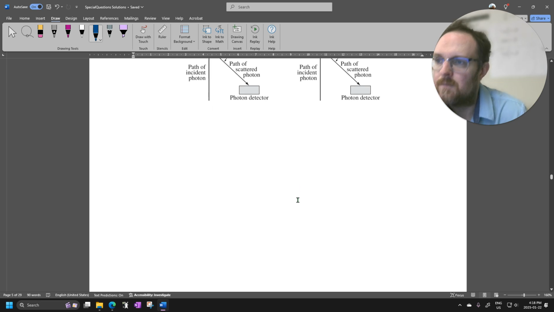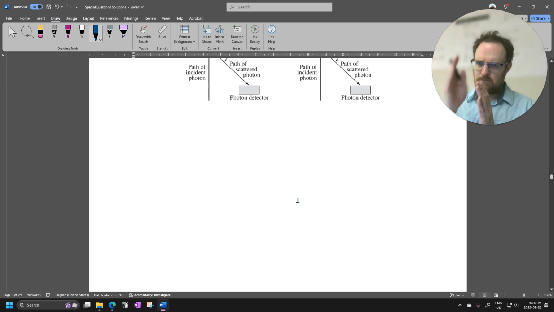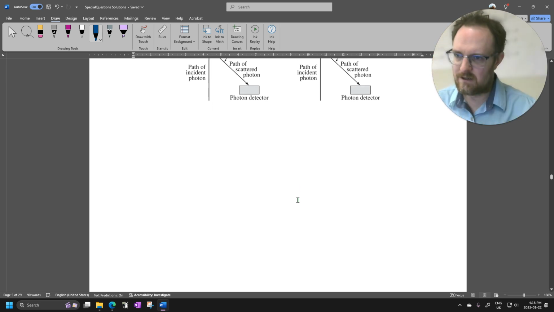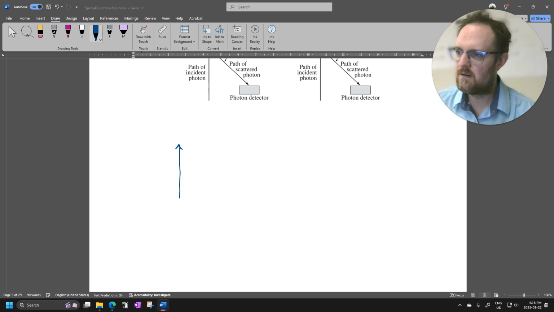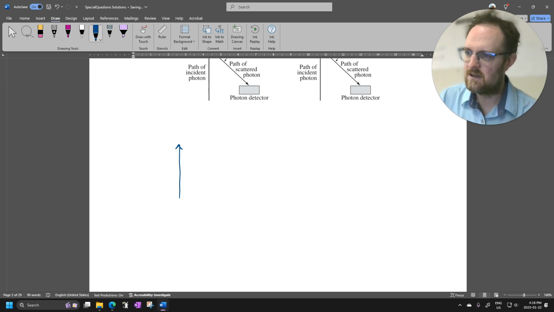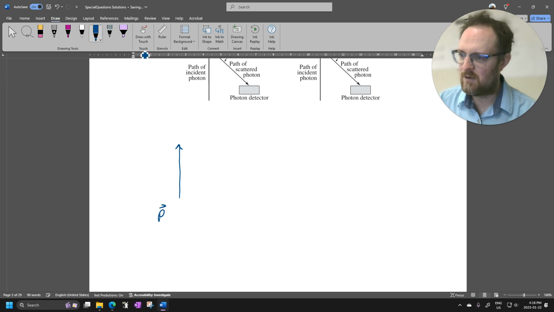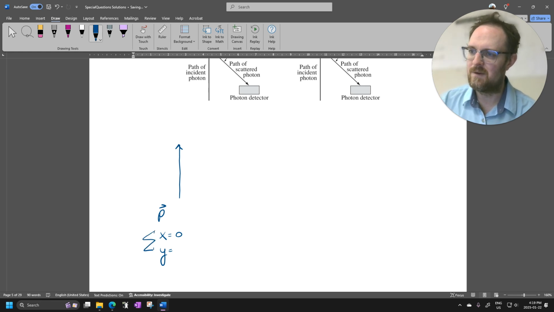Okay, so what I would do is determine the initial, right? So that's the initial momentum. That momentum is going to be X and Y, but it's all Y at this point, right? It's going straight up, and that's the sum, because there's only one thing happening beforehand.